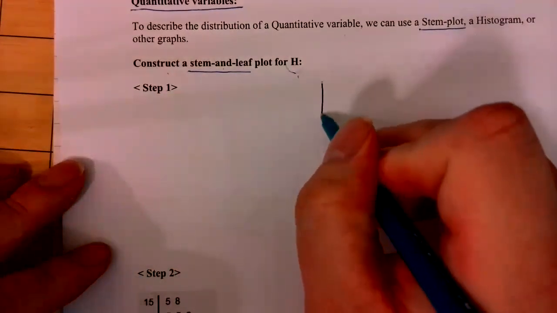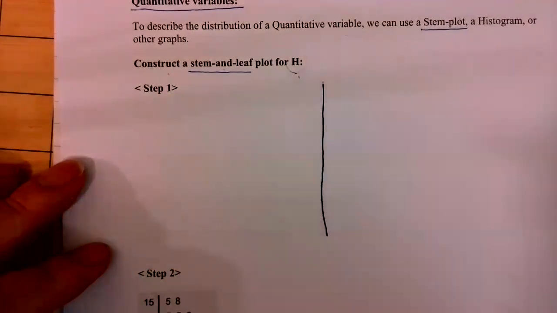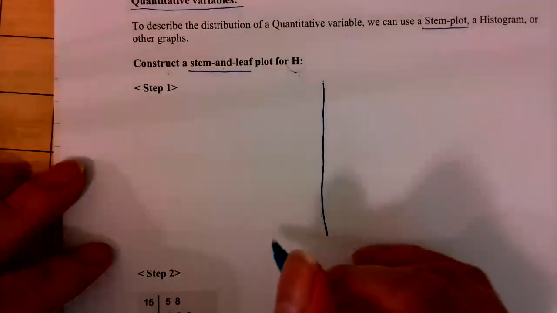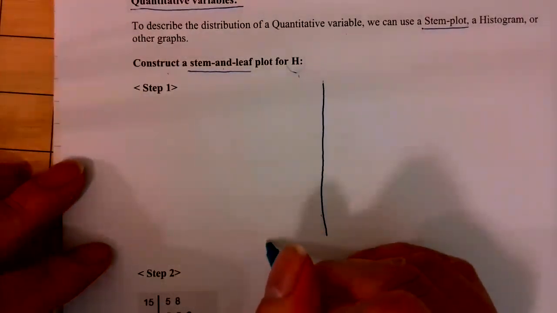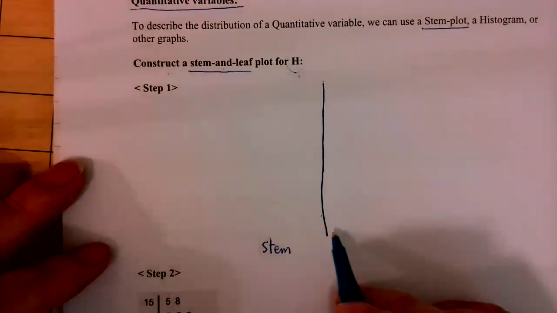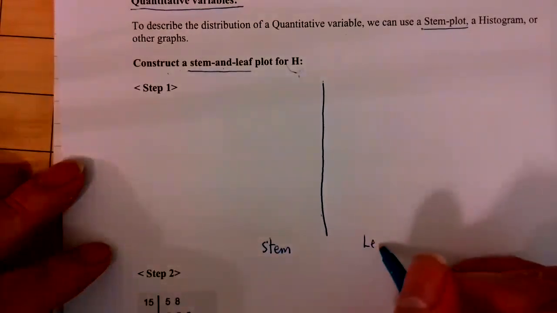How can we make a stem and leaf plot? Very easy. We just draw a vertical line. On the left-hand side of the vertical line, we call this the stem. On the right-hand side of this vertical line, we call this the leaf side.